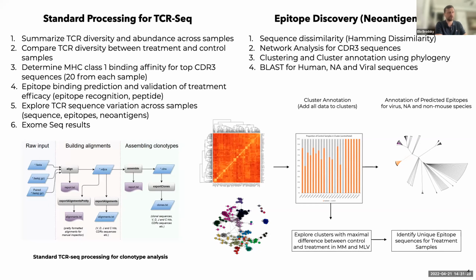For example, in this project, the end result was a combination of novel sequences that no one really knew what to do with. And so all of a sudden, a lot of questions appeared. What do you do with all of these sequences? Which ones are more important and significant for the treatment that was being studied?